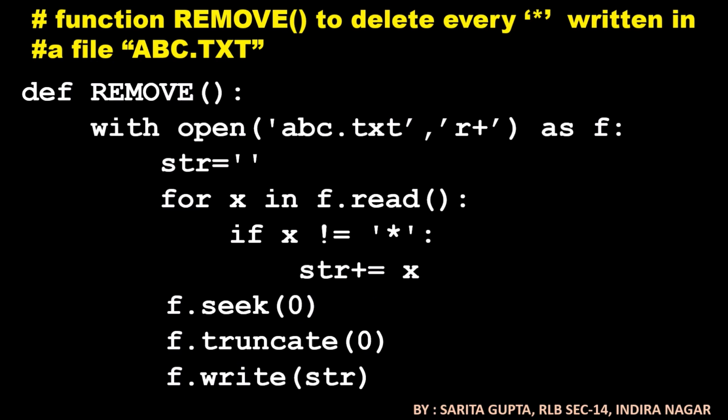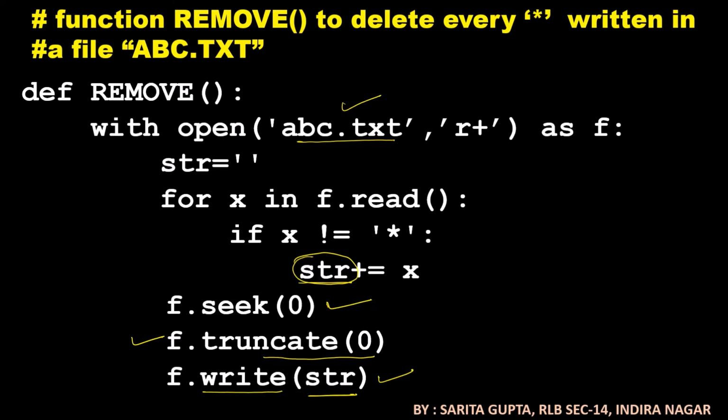Now here it is necessary to truncate the file to 0 length before writing the new file data onto it. Why? Because if after placing the file pointer to the beginning of the file, you are writing the value of str on it, the characters in str will overwrite the characters written in the file, and since str is holding the characters after deletion, the number of characters in str would be lesser than the number of characters originally written in the file if the file is having any asterisk written into it.